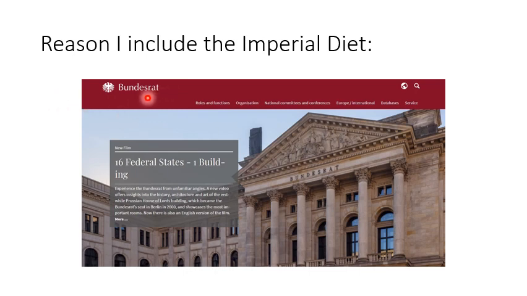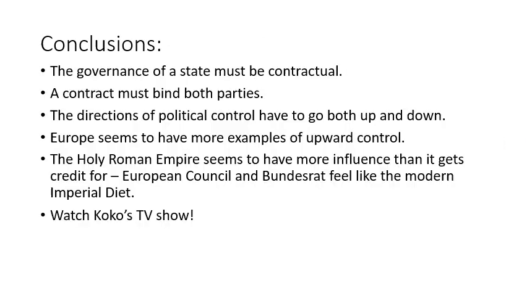But still, all laws in Germany have to get approval from the Bundesrat to be signed into law. So it is still pretty important.